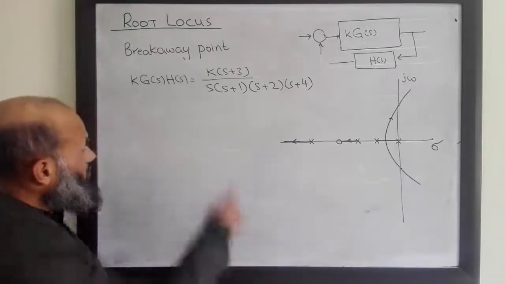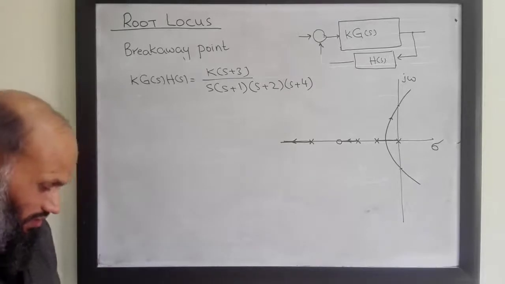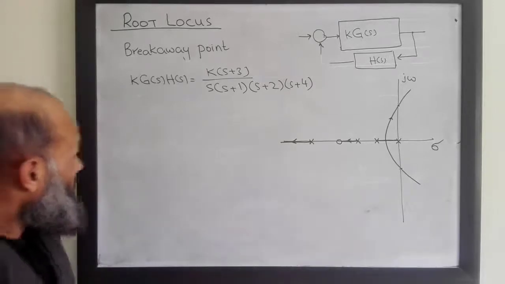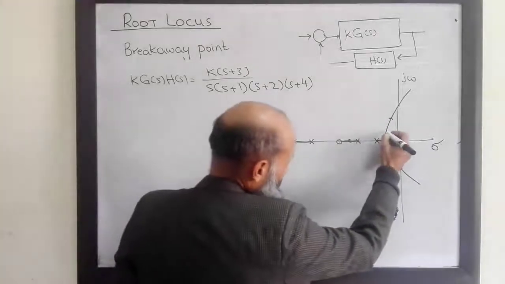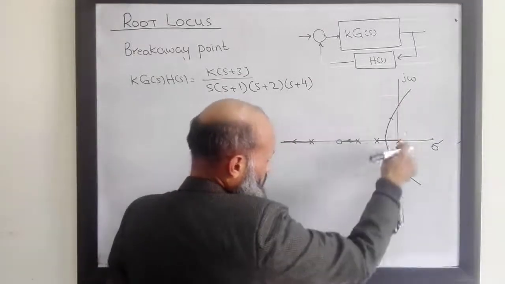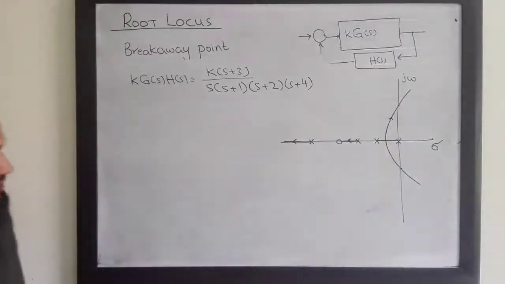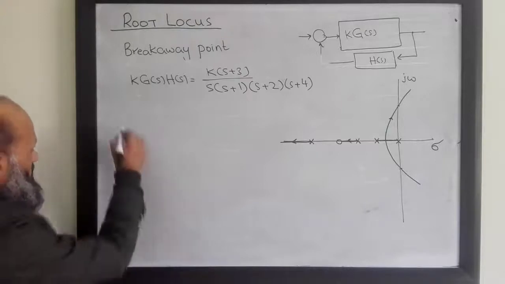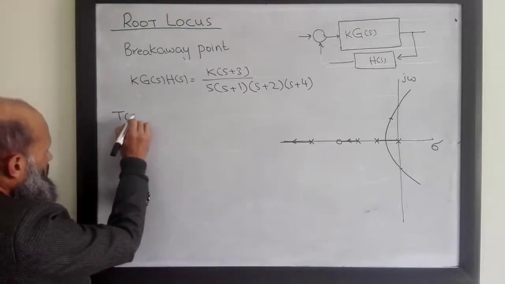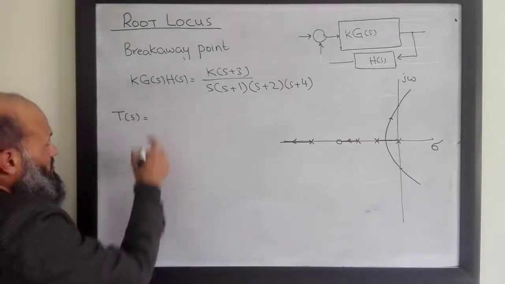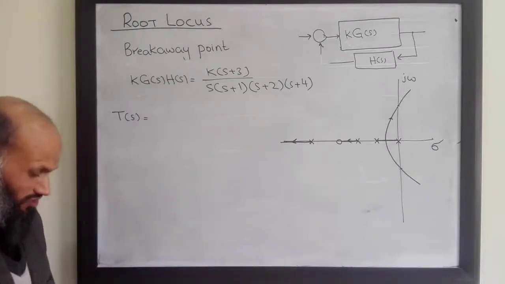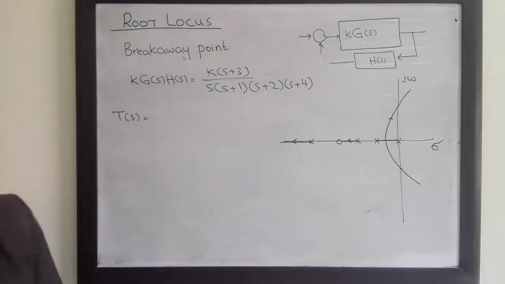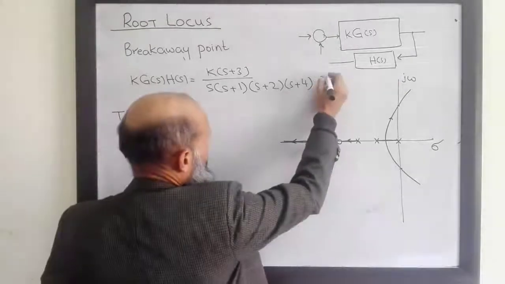It is basically the same example over here. Since these points on this root locus are basically the closed loop poles, as we already know, first we need to determine the closed loop transfer function T(s), which is equal to the forward transfer function over, in this case, H(s) was equal to 1.